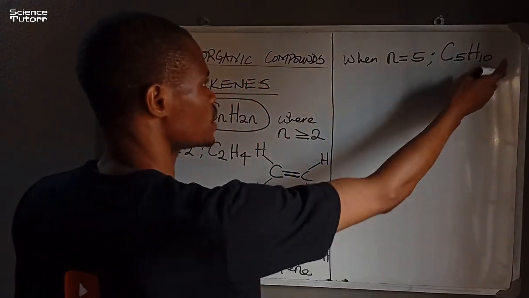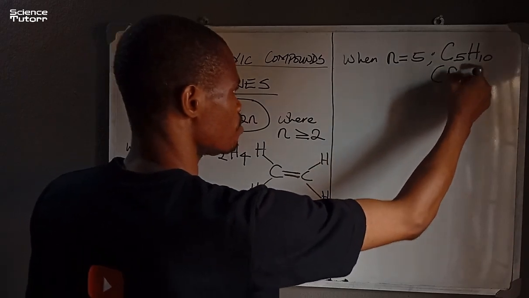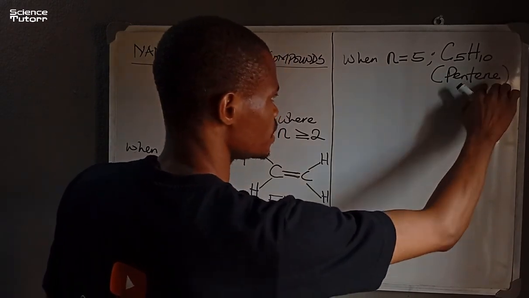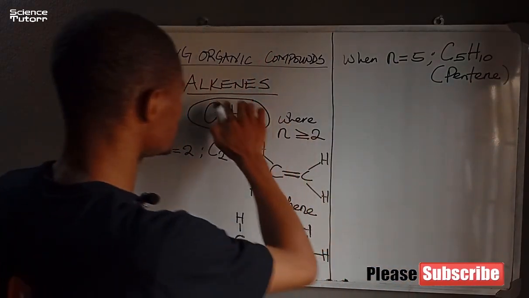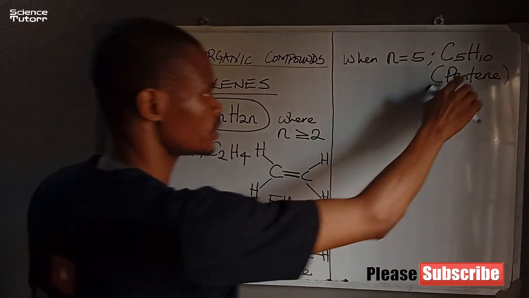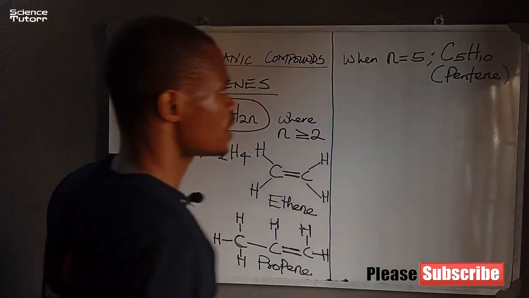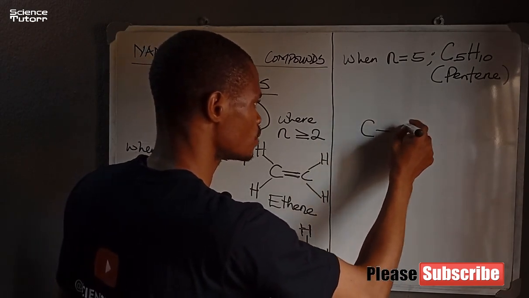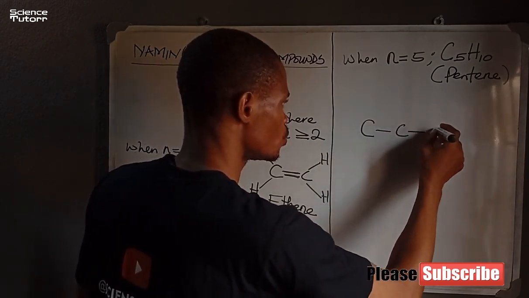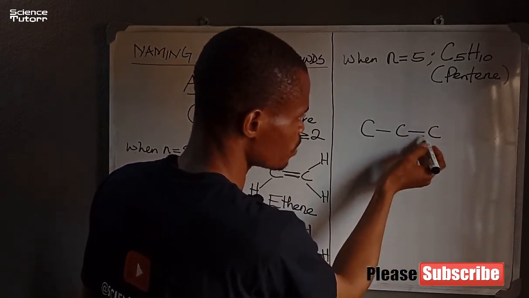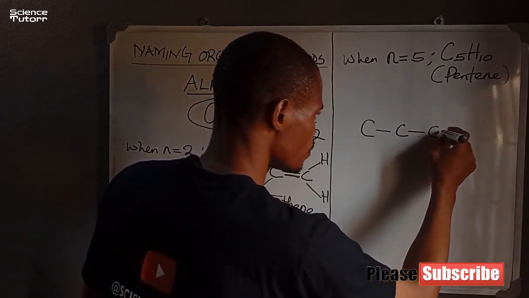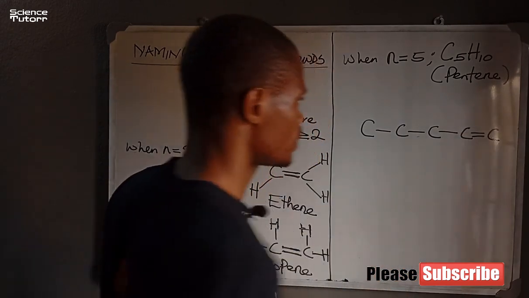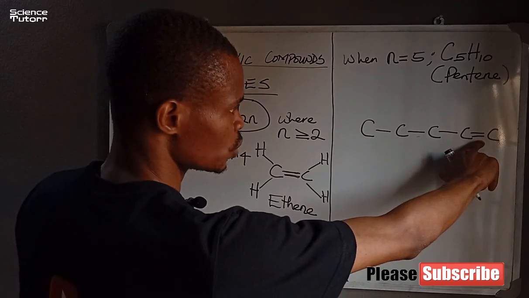The name of this compound is pentene, and it takes after the ene family because it belongs to the alkene series. Now C5H10, how do we draw this? We have 1, 2, 3. I decide to put my double bond here. 4, and I decide to put it here. 5. This is where the double bond is located.